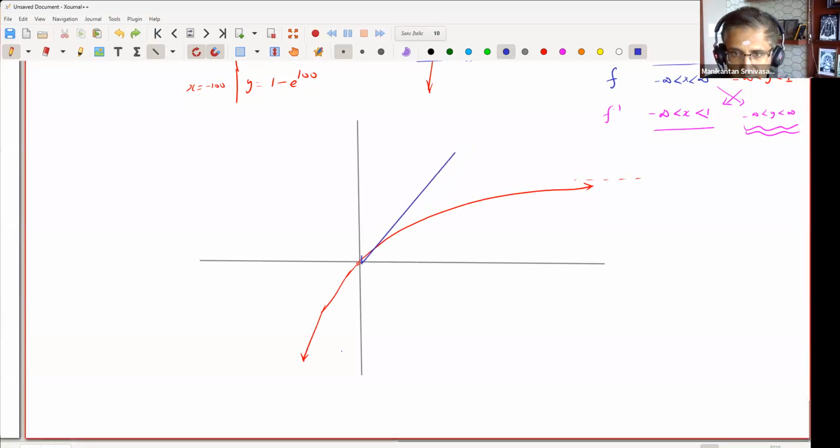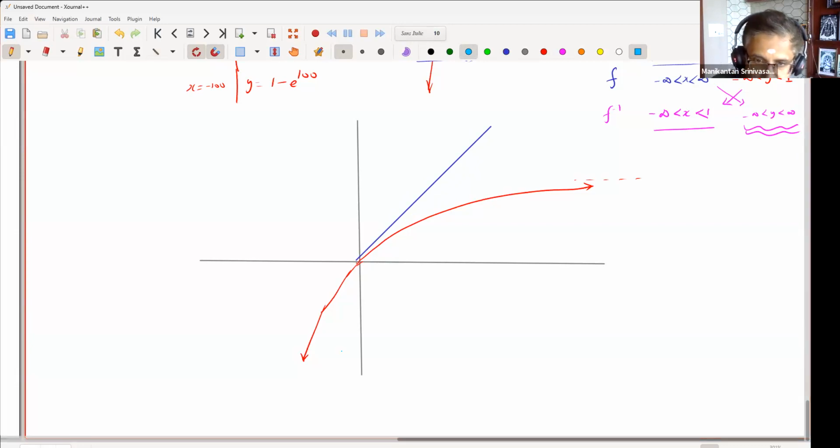Didn't come out well. But it's a line. So it passes through origin, and therefore the reflection of this will also pass through origin. The reflection will look something like this.